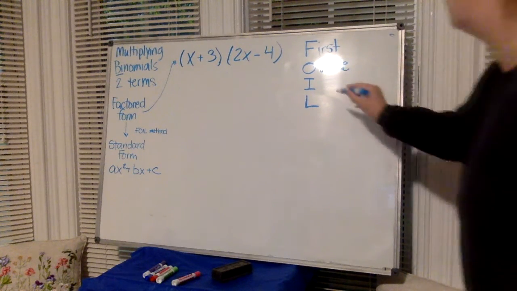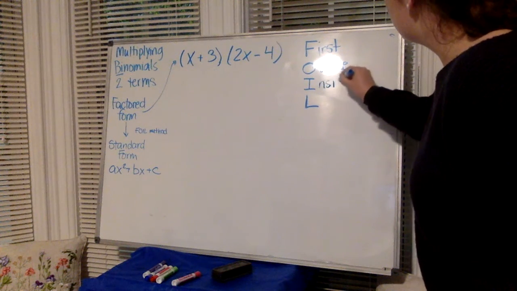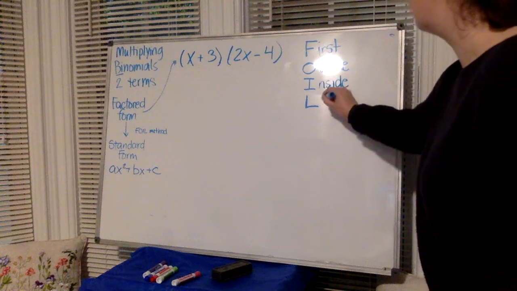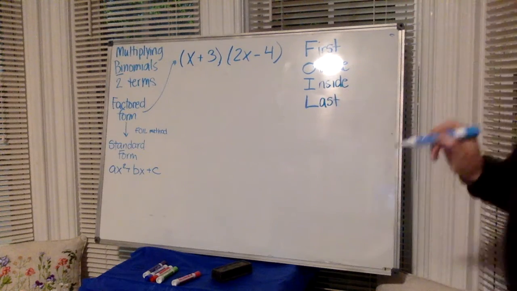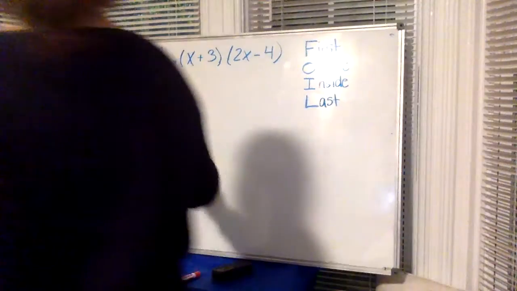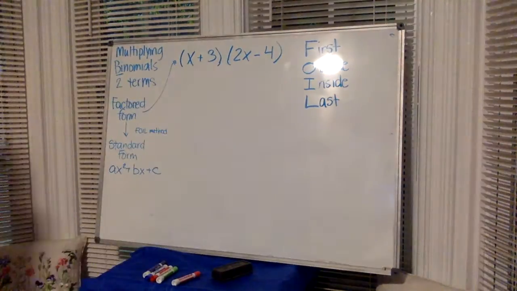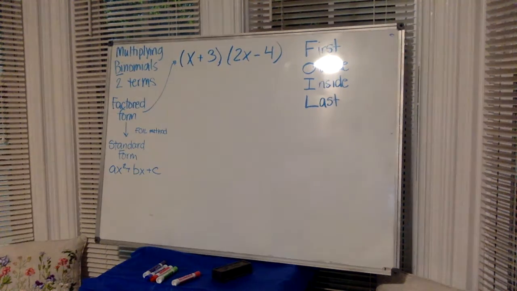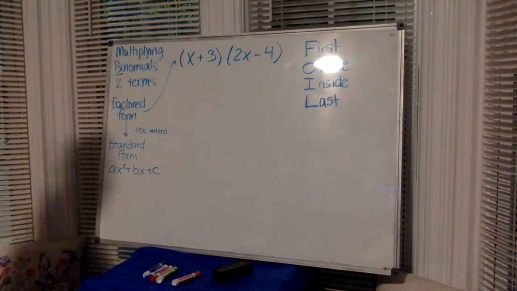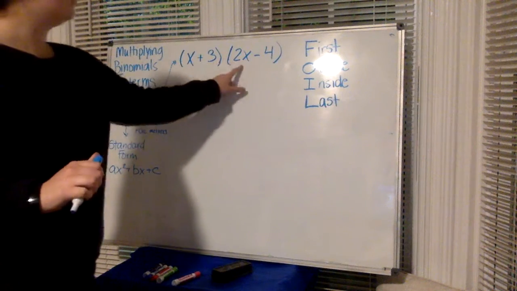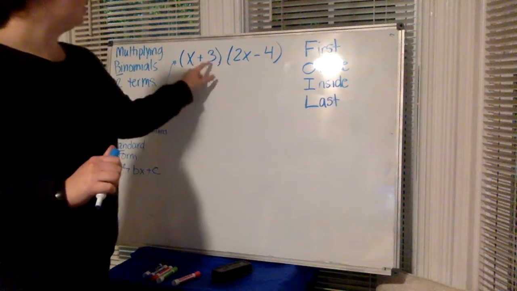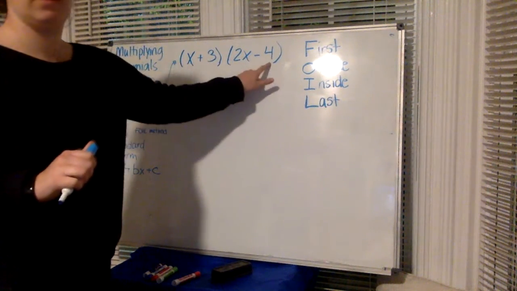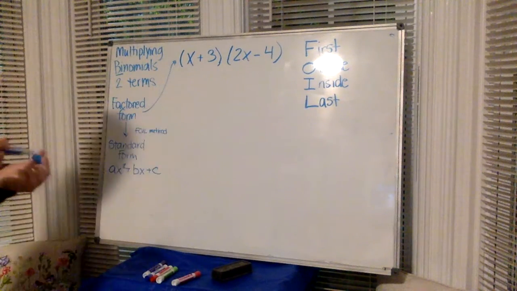I stands for inside. And L stands for last. And those are referring to the terms in our binomials. First, outside, inside, last. And we'll go through that.